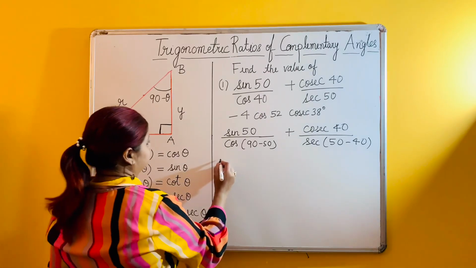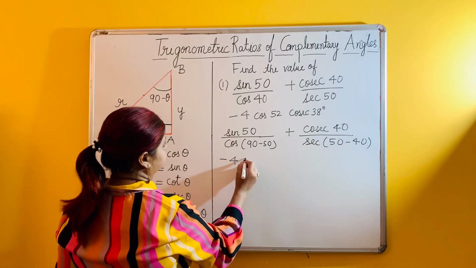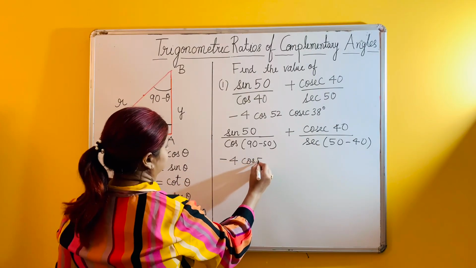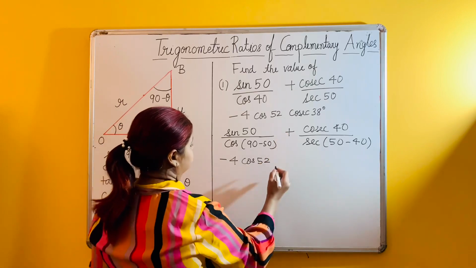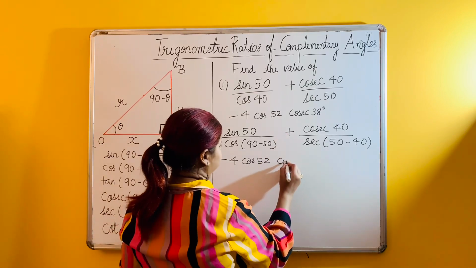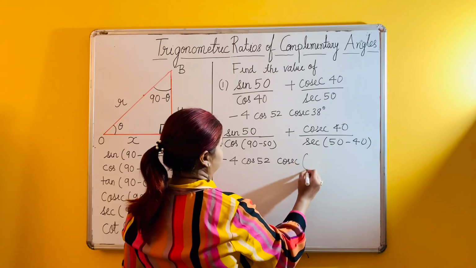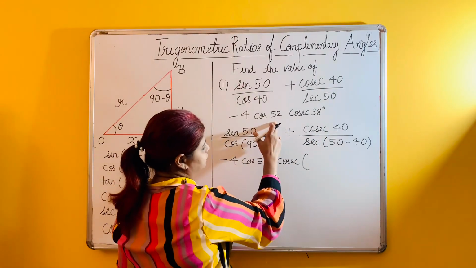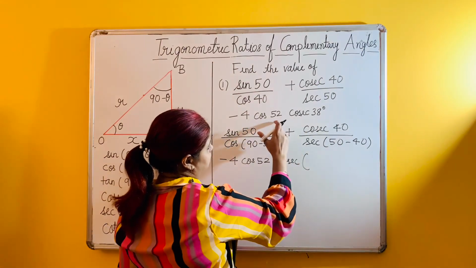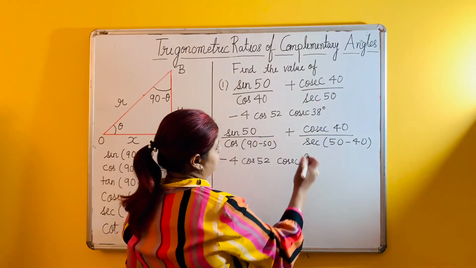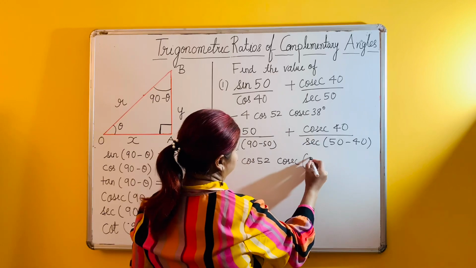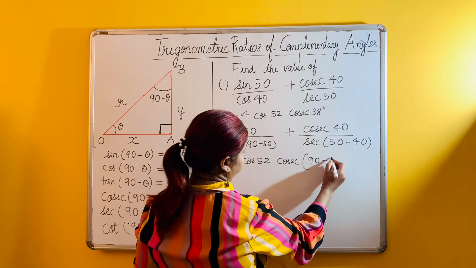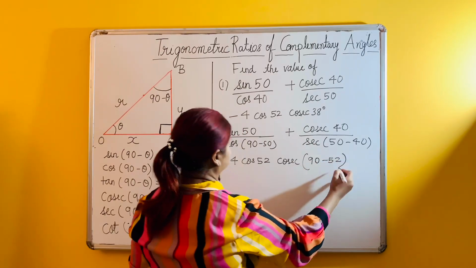Alright, now here minus 4 cos 52, and cosec 38. Cosec 38 can be written as cosec, so it is 90 minus how much? So if you do 90 minus 52, it is actually equal to 38, right? So we can write it as 90 minus 52.